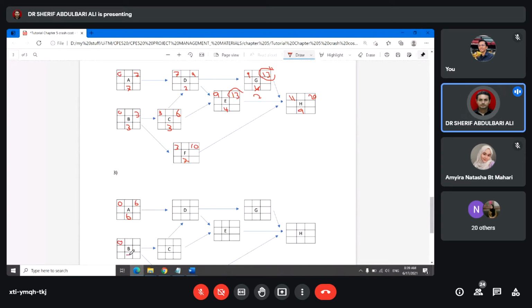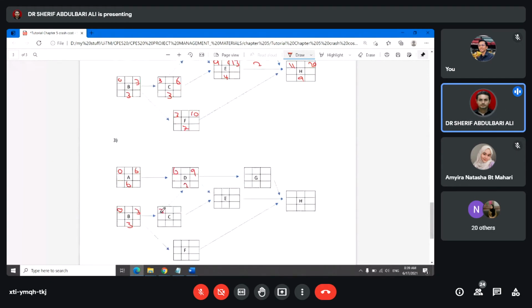Activity B 0, 3, and 3. So here is 6. The 2 is going to be 9. And see here it's 3, 3 and 6. Here is 3, 7.